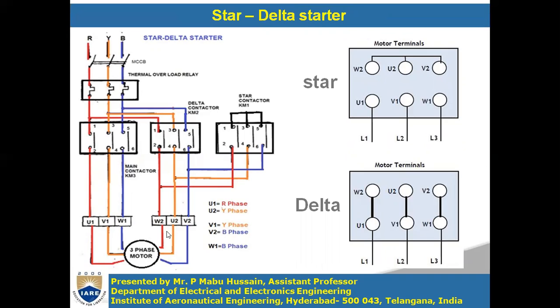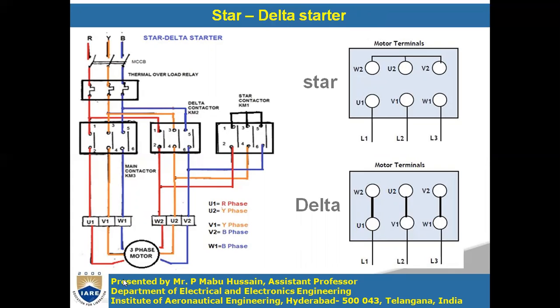You see here U1, V1, W1 is one side of the three phases, and U2, W2, V2 is the other side.